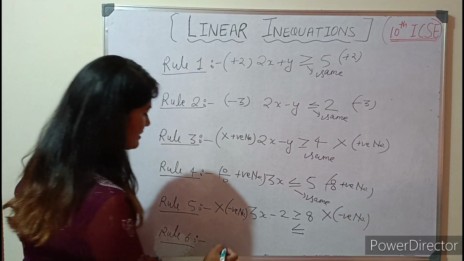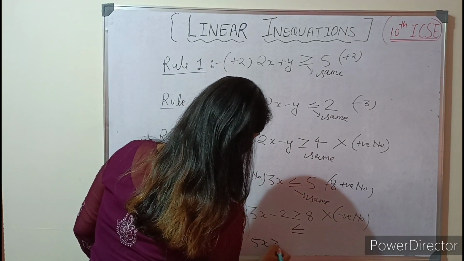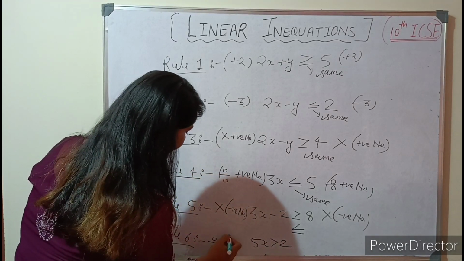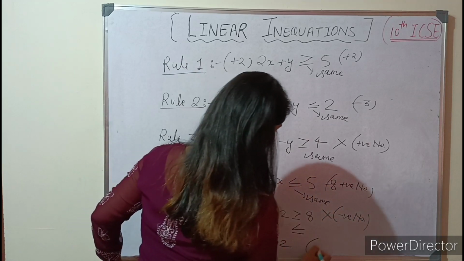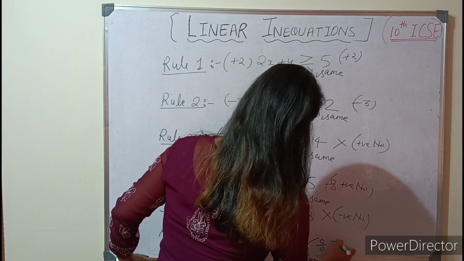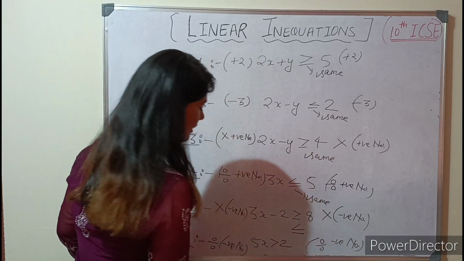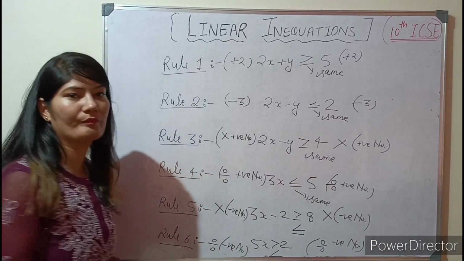Now rule number 6 states that if you divide both the sides by any negative number, in this case also the sign will be changed. So here the sign will be in this way.